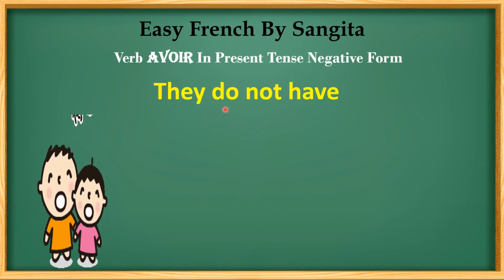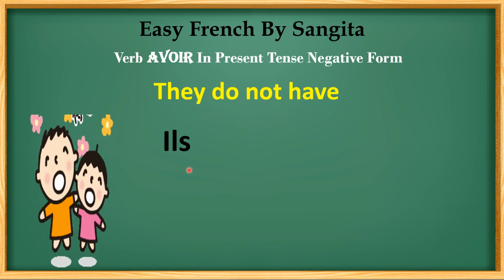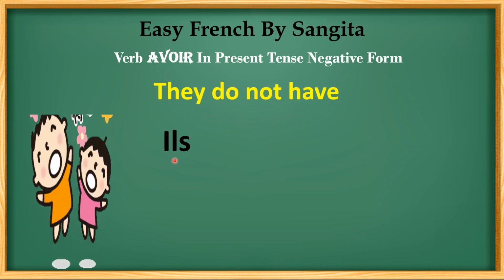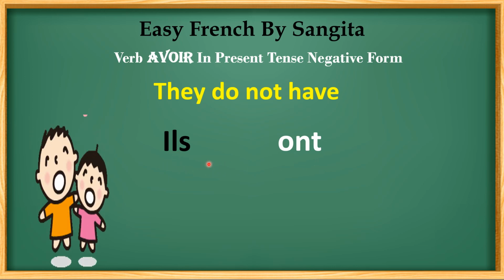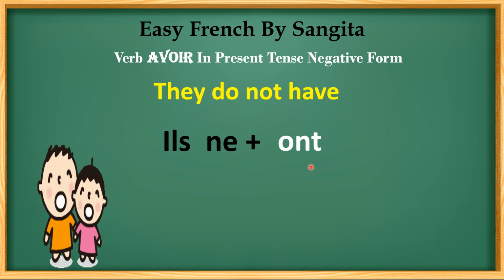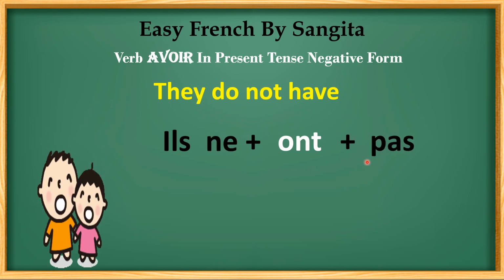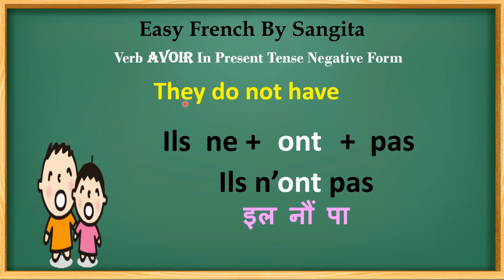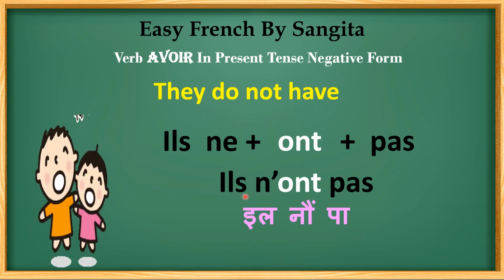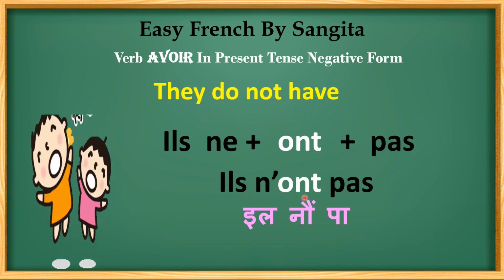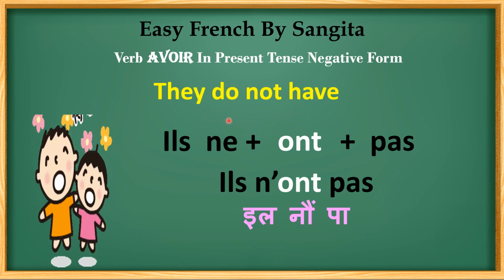Now next is the ils form. If you want to say they do not have, then ils is the plural pronoun. Ils ont means they have in the affirmative form. Now ne and pas on either side of the verb, and it becomes ils n'ont pas. Ils n'ont pas, they do not have.